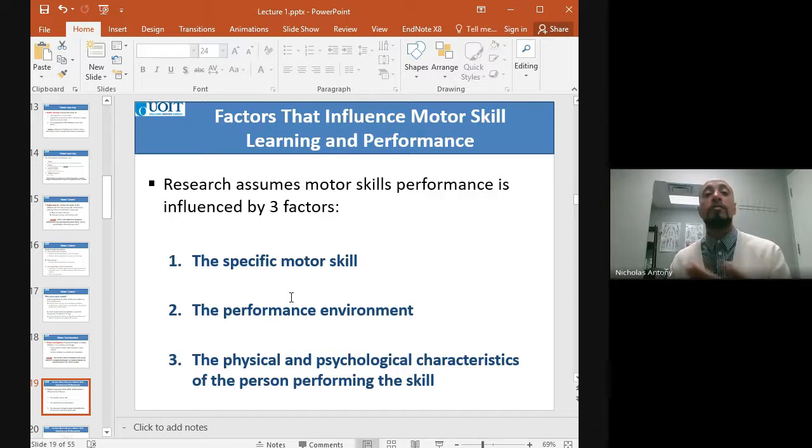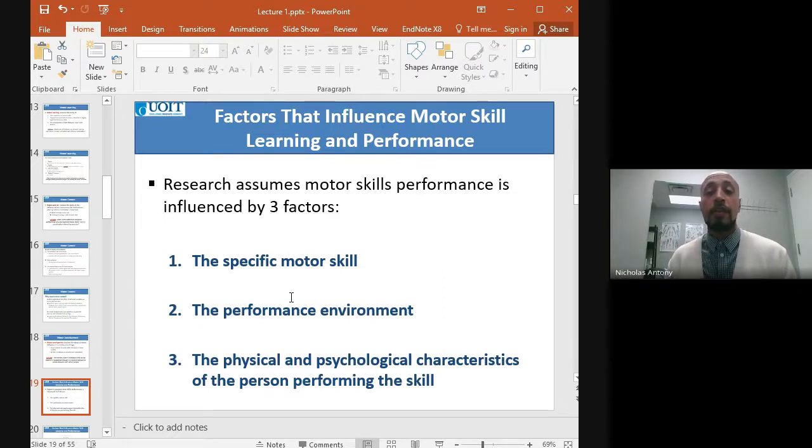But depending on the environment, and if things are moving, or if you have to accommodate more information or integrate more sensory information from the environment, your brain has to process more stuff to perform that motor skill. And so the performance environment, or what's going on around you, is going to factor in our ability to achieve that task, as well as when things are stable.